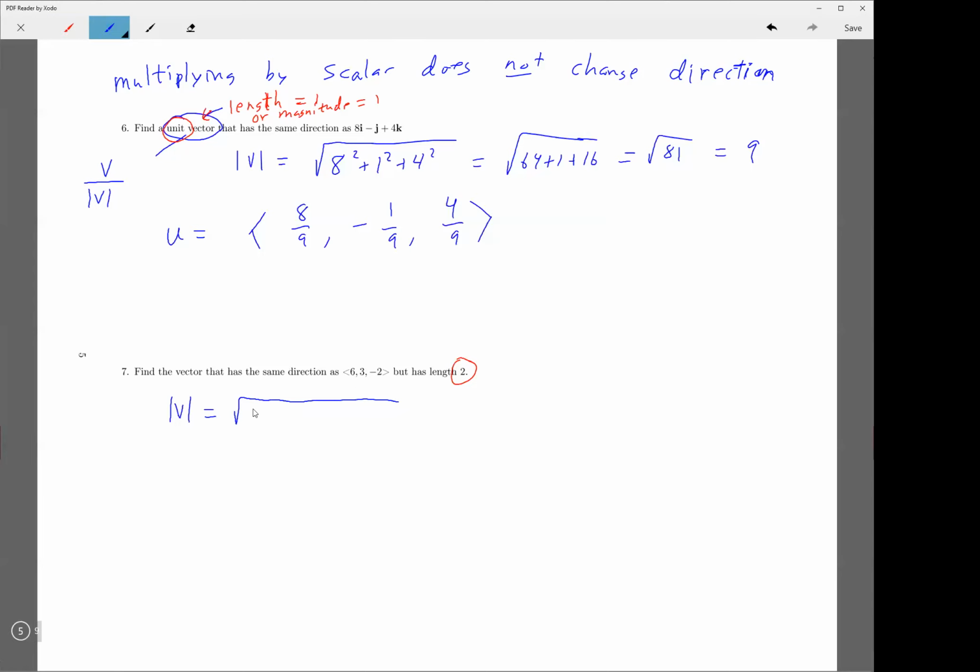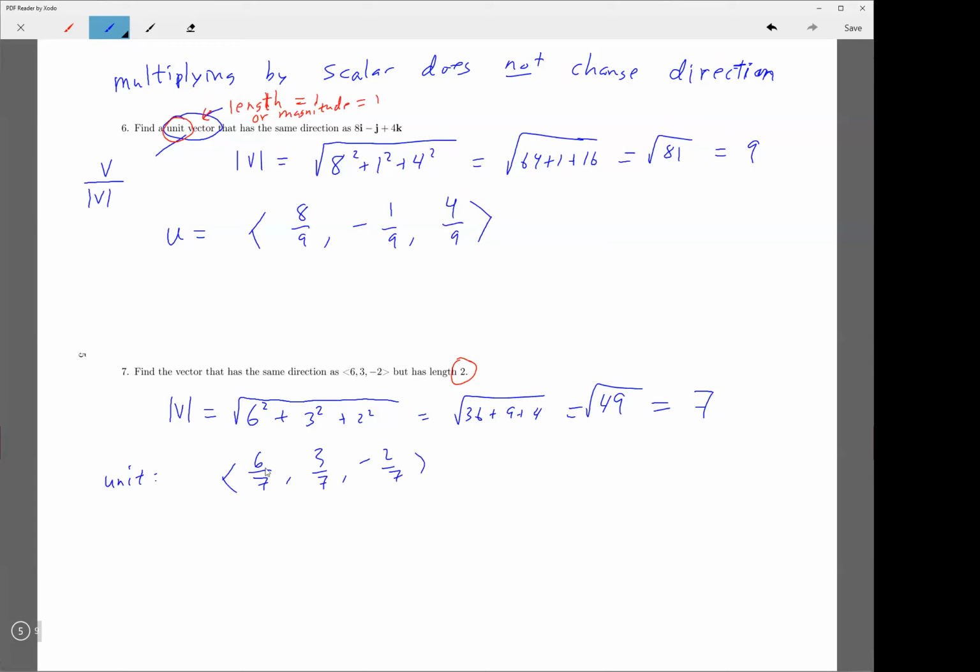Okay, so first of all, you find the magnitude. So that's 36 plus 9 plus 4, which is, well, these are working out to be nice numbers. So the magnitude is 7. So the unit vector would be this one, 6 over 7, 3 over 7, and negative 2 over 7, right?